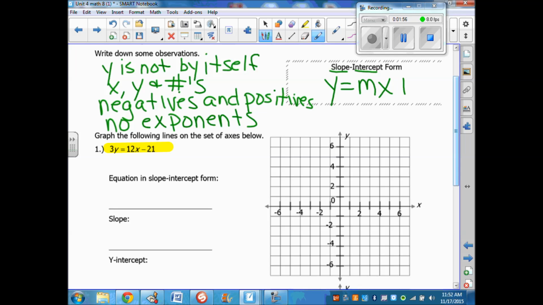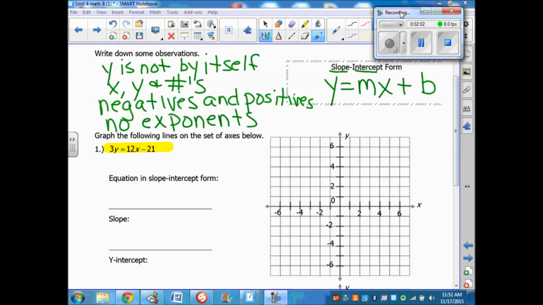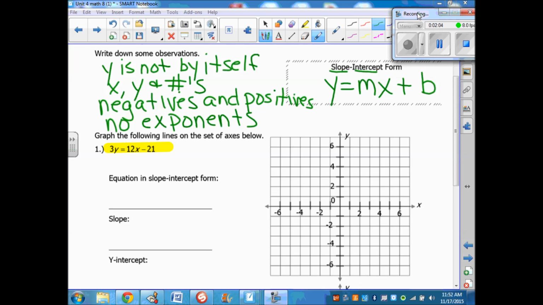You have been dealing with that type of equation all along. We just didn't put a name to it. So y is isolated. We have a number in front of our x term, and that m is our slope. That's our rise over run.